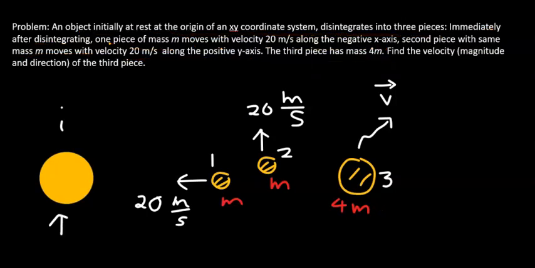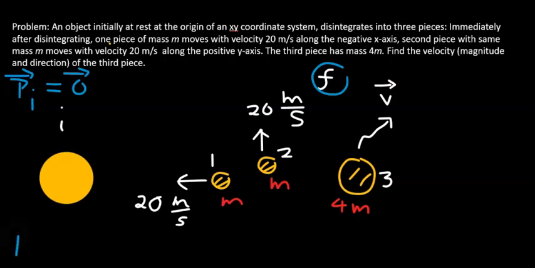So this is the initial state, and all this is the final state. Since the object was initially at rest, the initial momentum of the system is 0. Now let's look at the final momentum of the system. The final momentum of the system has 3 pieces. The first one is the momentum of object 1.